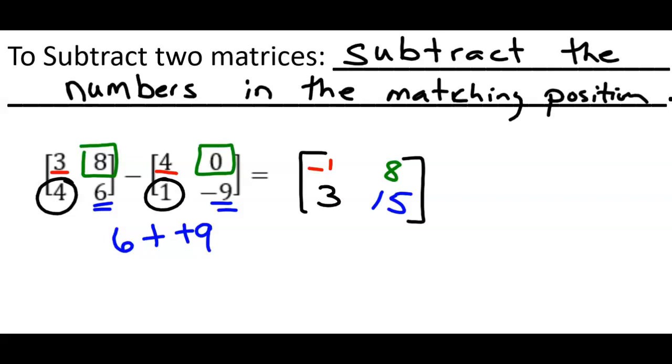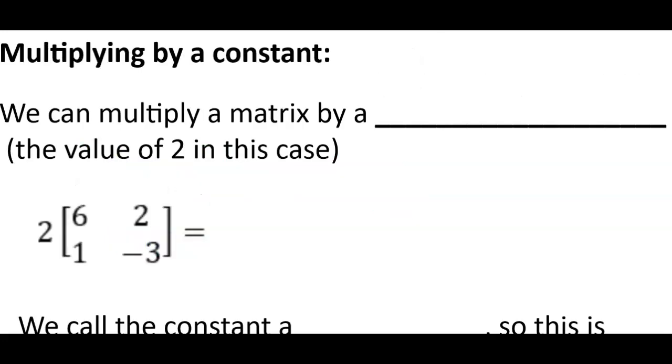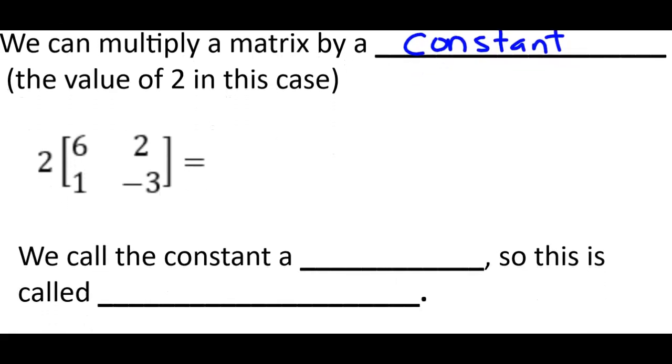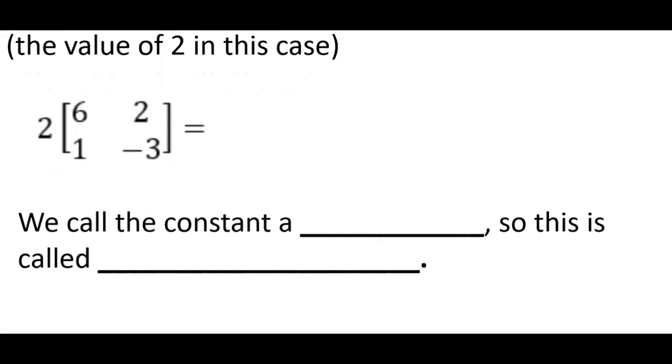Our next step is to scale up. When we multiply a matrix by a constant, or a single number, I am going to scale this up by 2. So I'm simply going to multiply each thing.